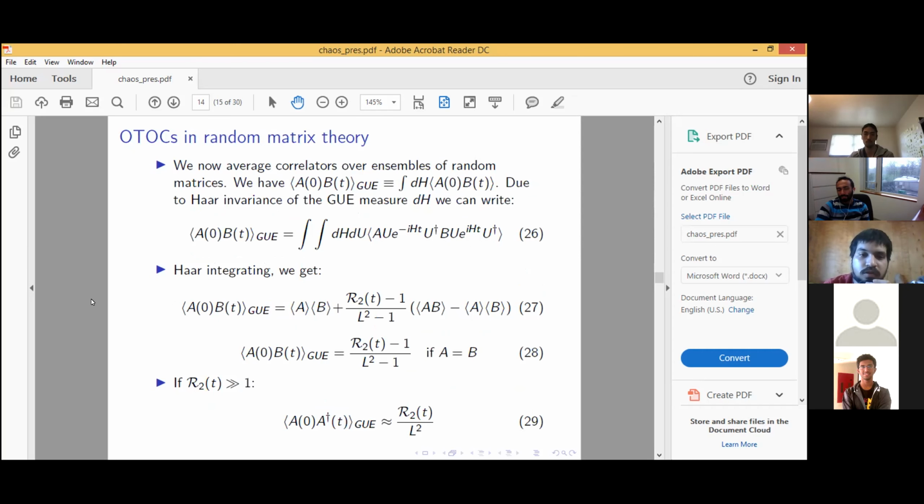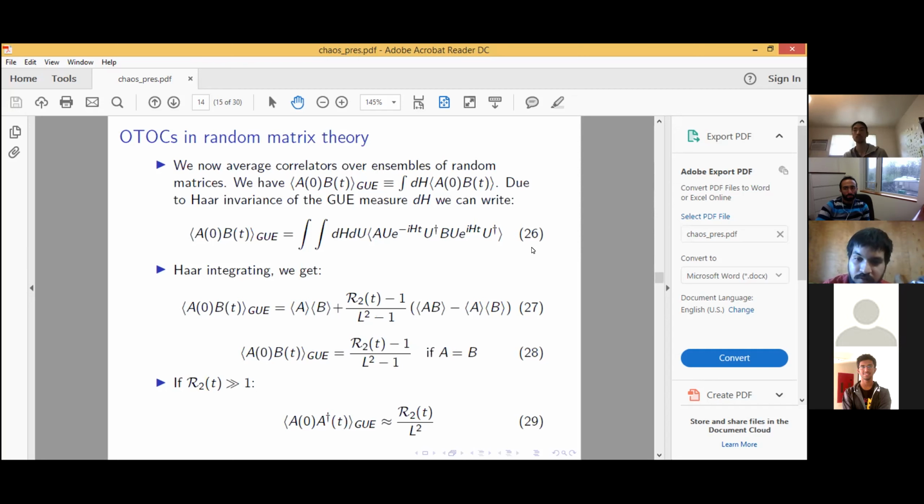Okay. So now we look at the averages of OTOCs over the Gaussian unitary ensemble. We again pick this function A(0)B(t) averaged over the GUE. It's defined to be the integral dH of A(0)B(t), and due to the Haar invariance, we can insert the Haar measure U, and it takes the form given in equation 26.